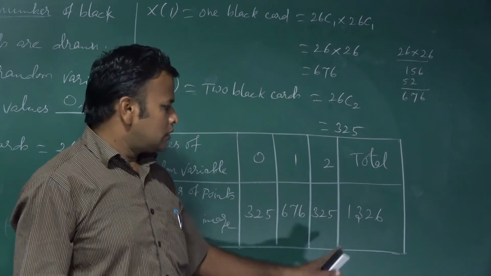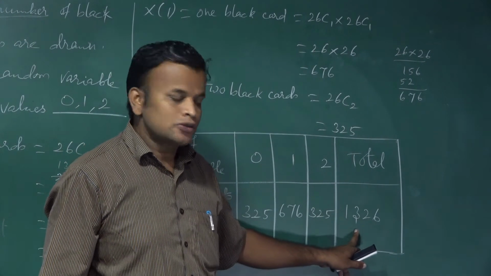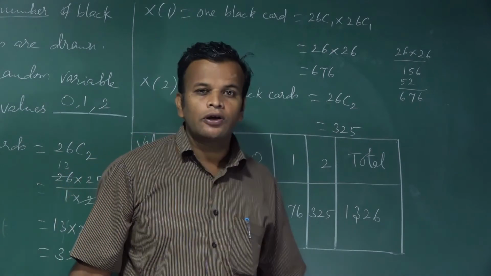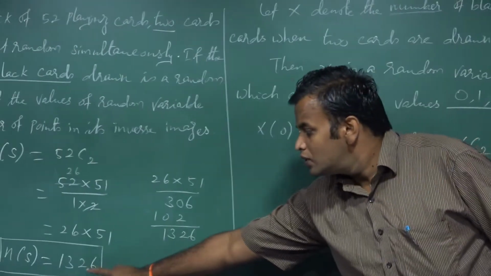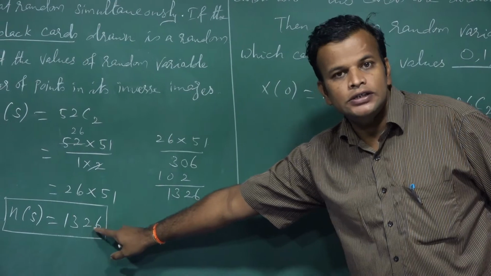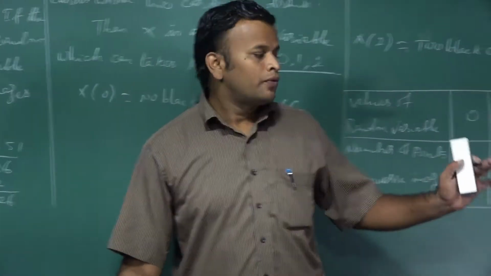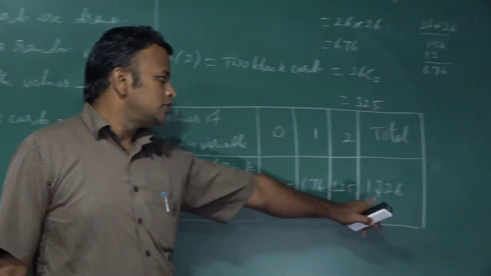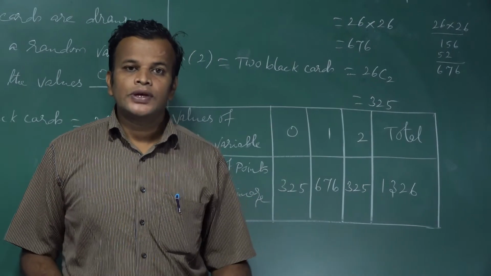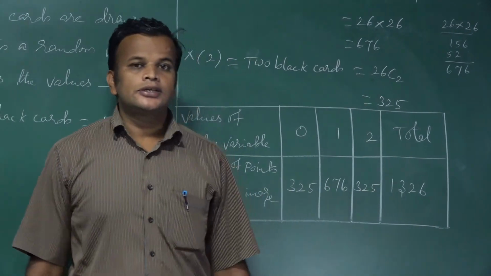Now we check that the value is exactly the sample space. Now you see the sample space value is also 1326. So the total number of inverse images should be equal to the sample space. Then our answer is correct.